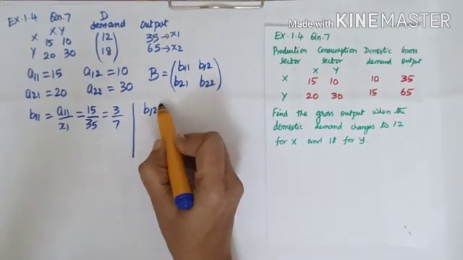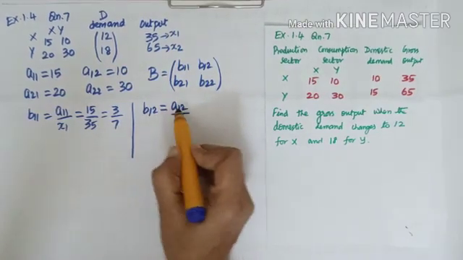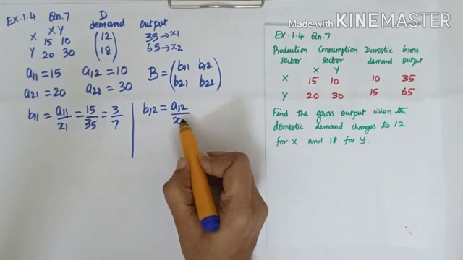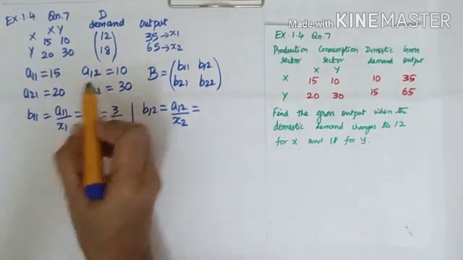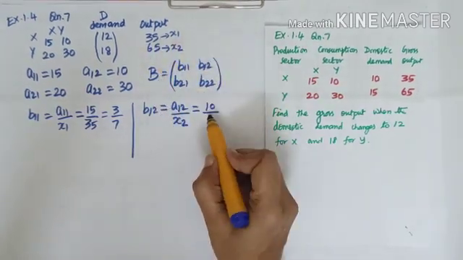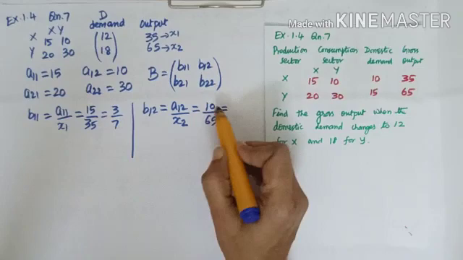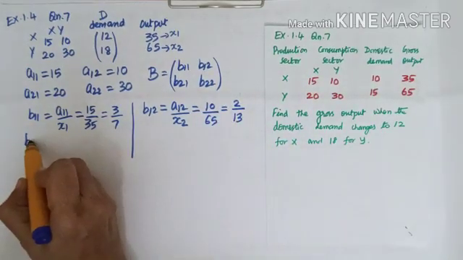B12 is A12, the same order I will write, by X2. What is my answer? A12 is 10 divided by X2 is 65. As I cancel by 5 twos, 2 by 13.